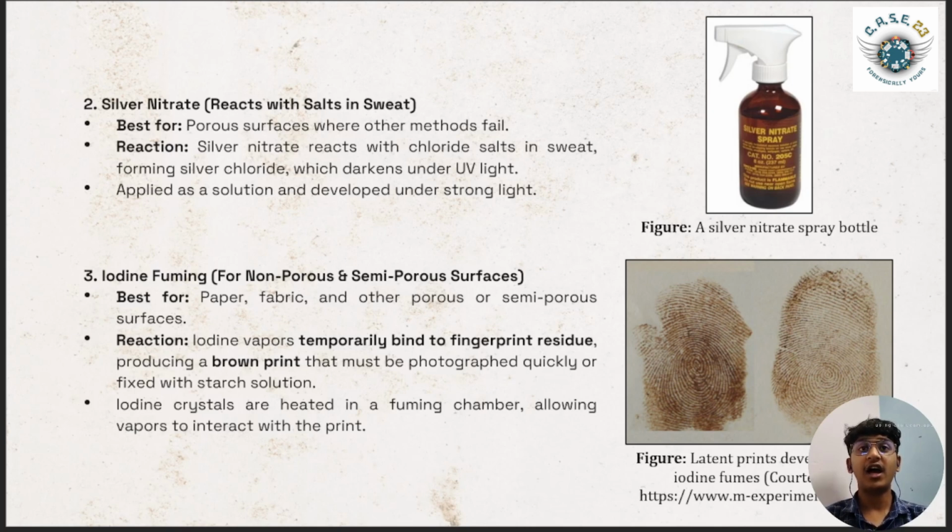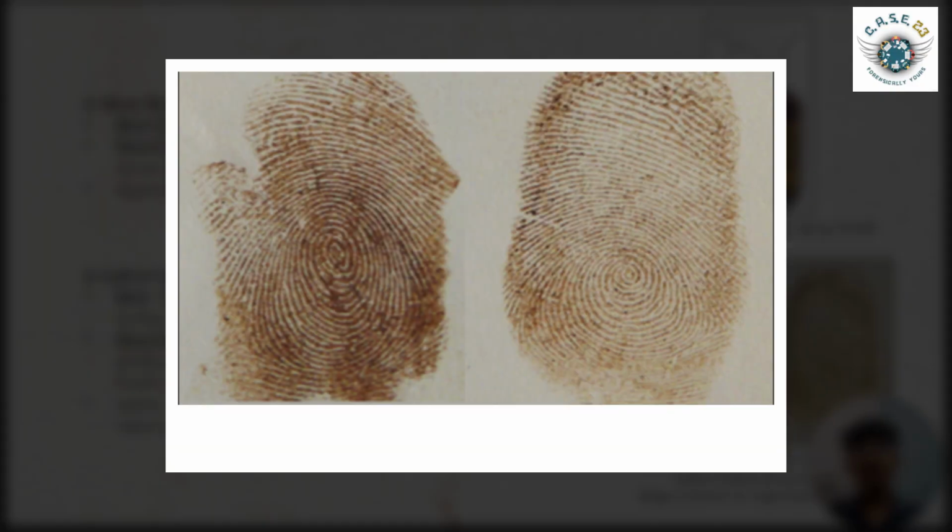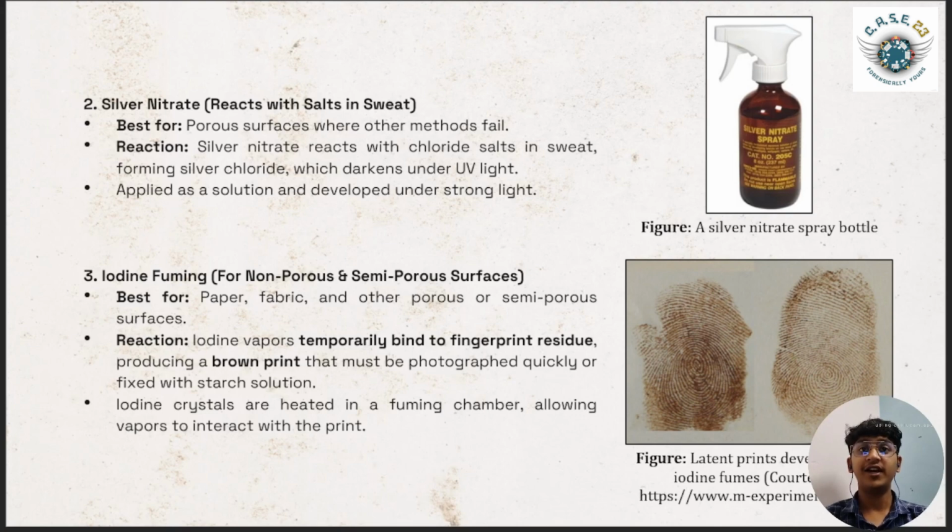And finally, iodine fuming. This technique works best on semi-porous materials like paper and fabric. Instead of a liquid, iodine crystals are heated in a chamber, releasing vapors that interact with fingerprint residues. The result? A temporary brown print that appears like magic. And here's the catch.